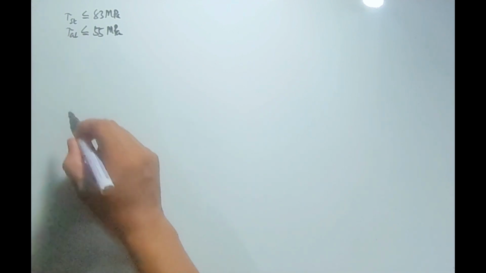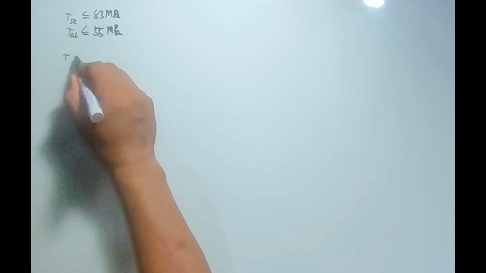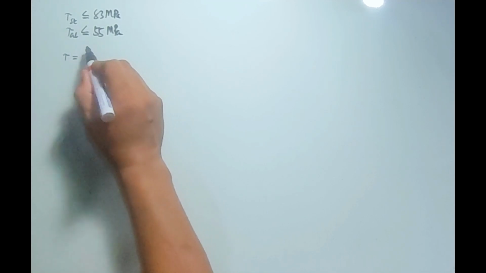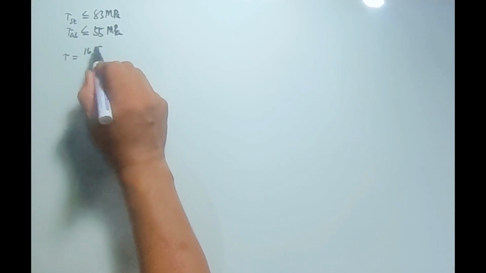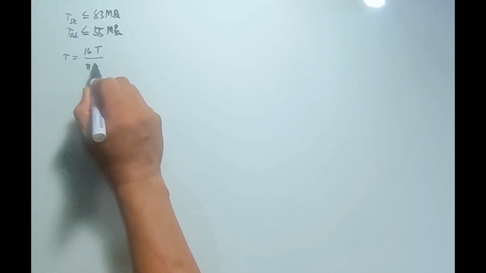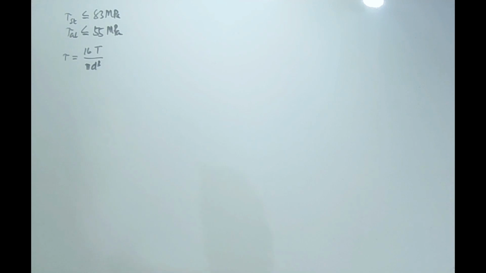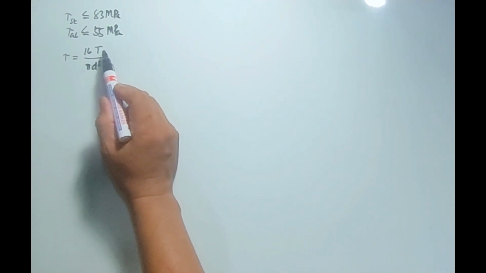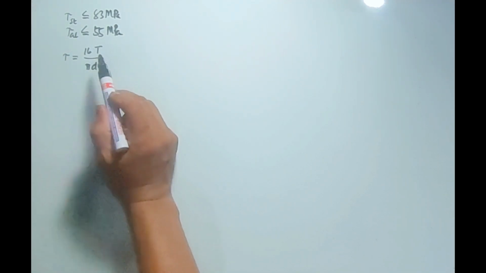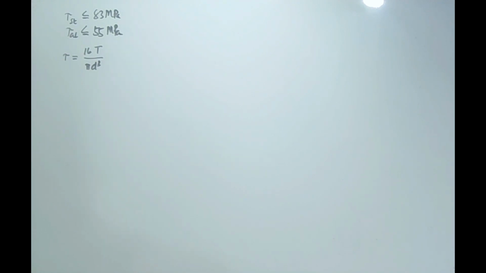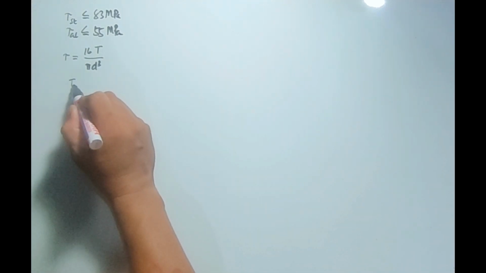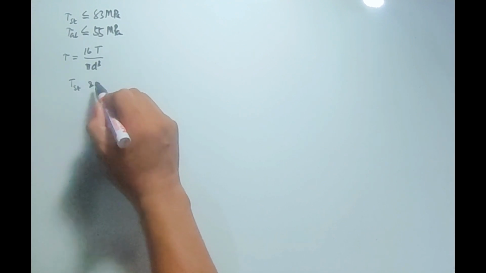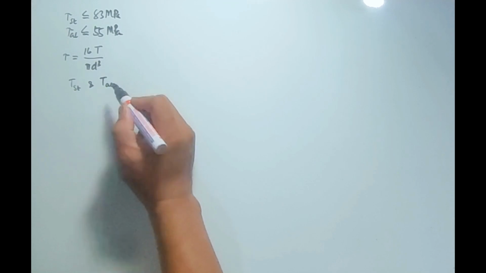So for shearing stress, for a solid shaft, the maximum shearing stress is 16 T divided by pi d cubed. Now this T here is not the external torque. It is the resisting torque in each shaft. So meaning, we need to find T sub ST and T sub AL.